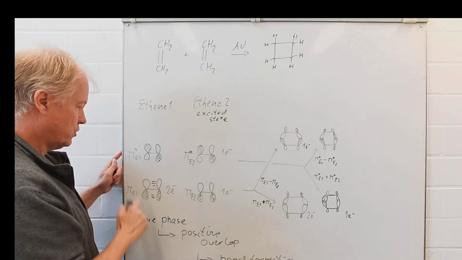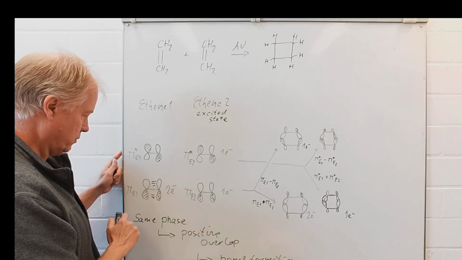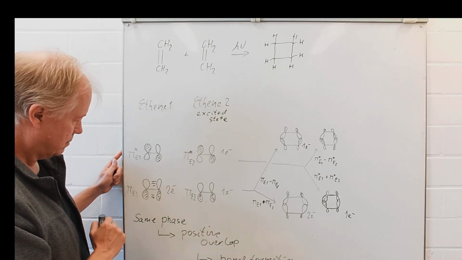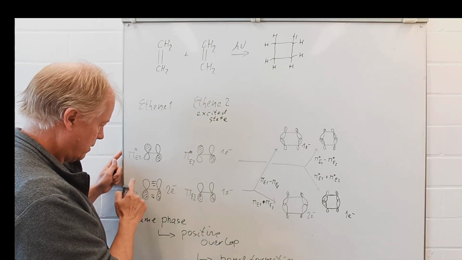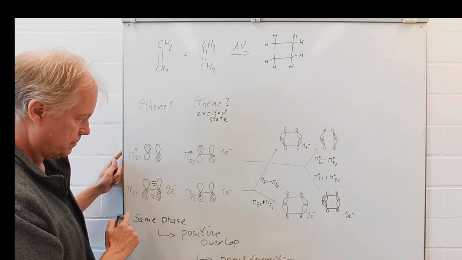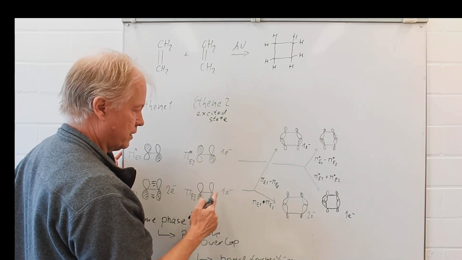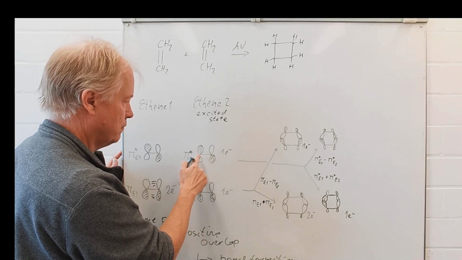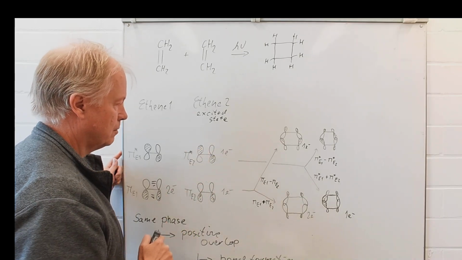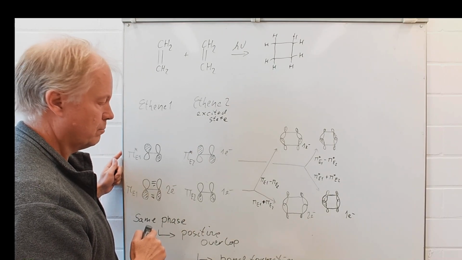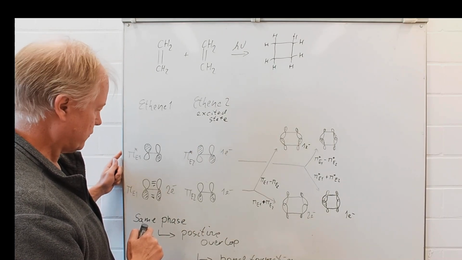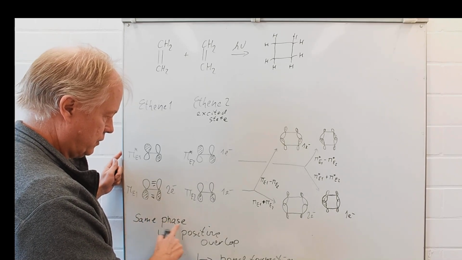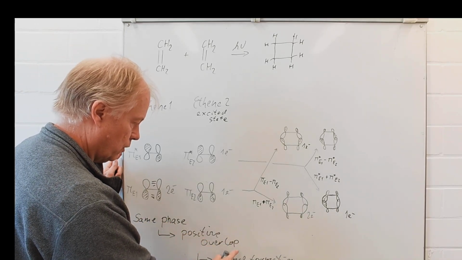In the ground state, both electrons are in the bonding pi orbital. In the excited state, one electron has changed to the anti-bonding pi orbital. So remember, same phase, positive overlap.